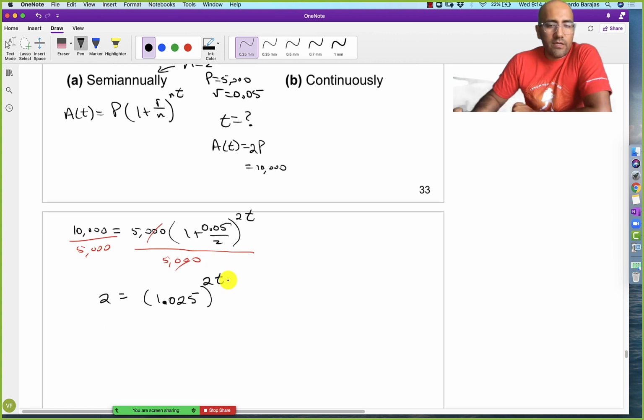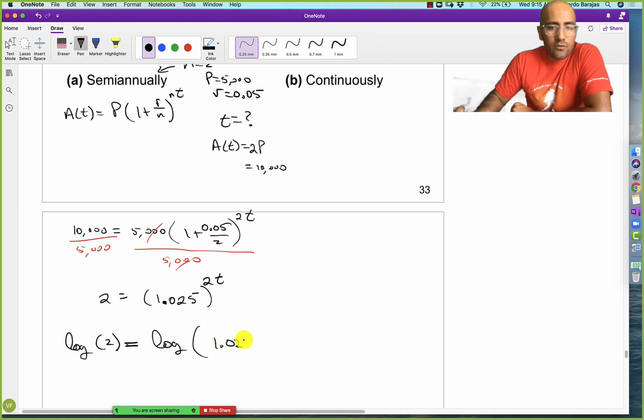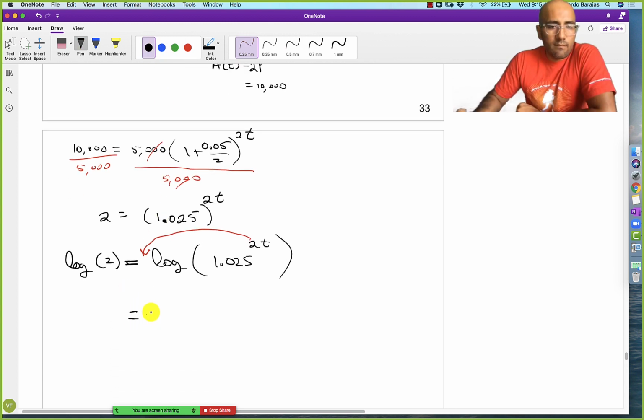And now, the thing we're trying to solve is in the exponent, so that means we have to apply our log functions to solve this. So I'm going to use log base 10. Log base 10 of 2 equals log base 10 of 1.025 to the power of 2t. Right, so now that means that this exponent gets to be brought down like a linear factor, and I'll end up with 2t times log of 1.025, and then log of 2.